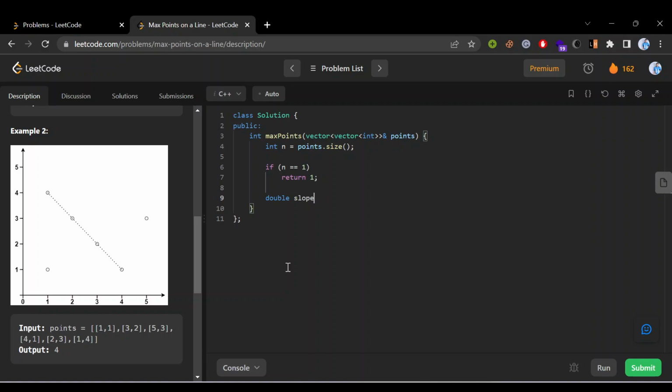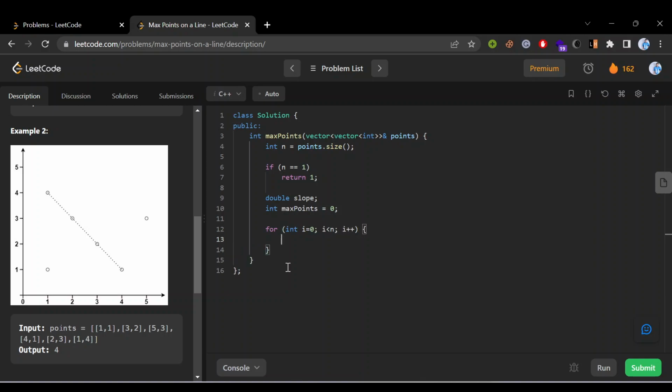So slope is equal to, well, initially we don't need to initialize to anything. I will just say slope, and then I need int, and that is my answer, or let's say max points, and that is initialized with 0. Now I can start my loop, right?